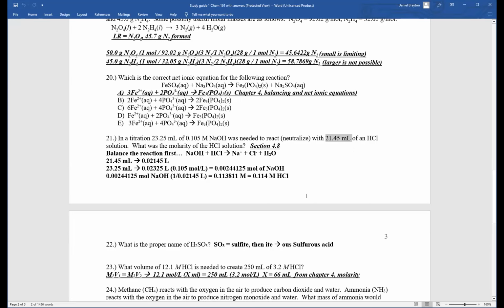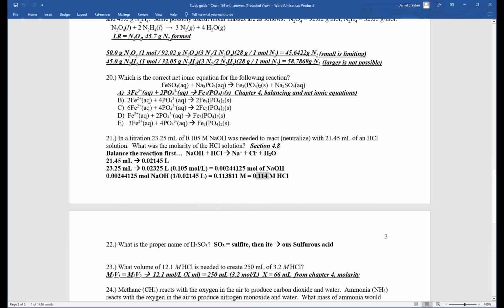If this was multiple choice and there was only one answer just above 0.105, then I would know it would be this, and you wouldn't even need to pick up your calculator. But if it's a fill in the blank, you obviously have to do the math correctly.